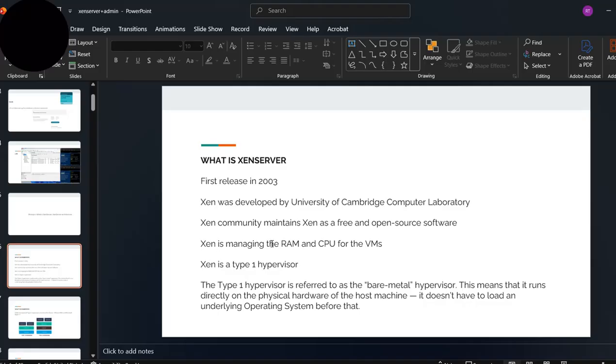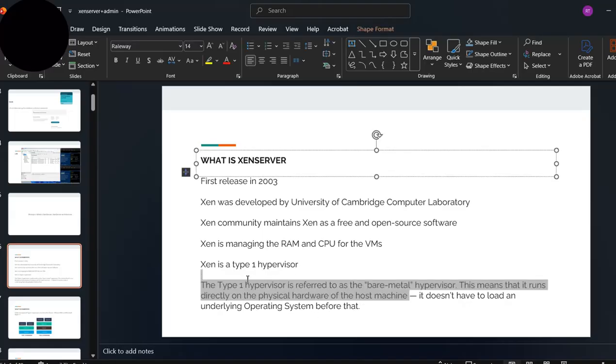Xen manages the RAM and CPU for the VMs. Xen is a type 1 hypervisor. Do you know about the type 1 hypervisor? Type 1 hypervisor or bare metal is the same thing. This means it runs directly on the physical hardware of the host machine. It does not have to load an underlying operating system before that.